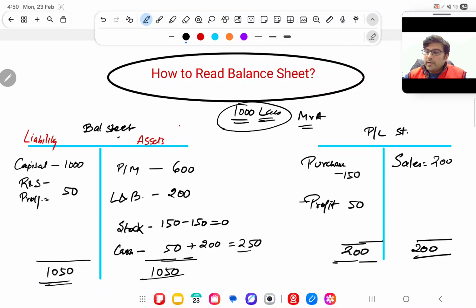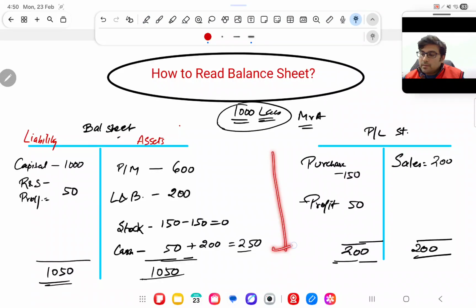So now you understand that every transaction which is happening in a business, it has two effects. The effect may be on the same side of the balance sheet or the opposite side of the balance sheet. Let's say the company has sold the stocks, so the stocks will go, cash will come.